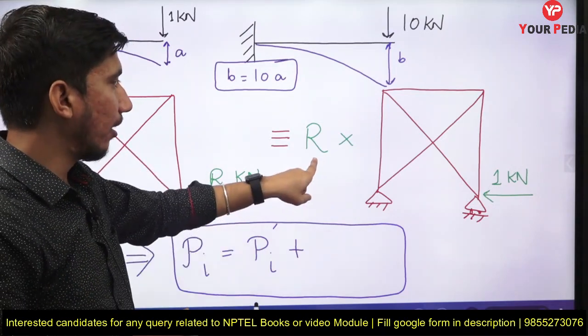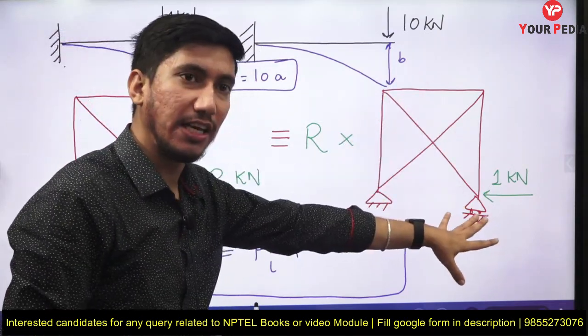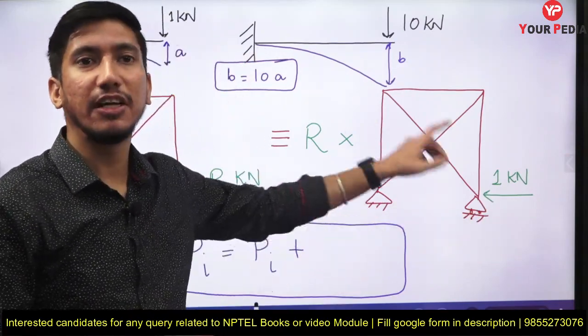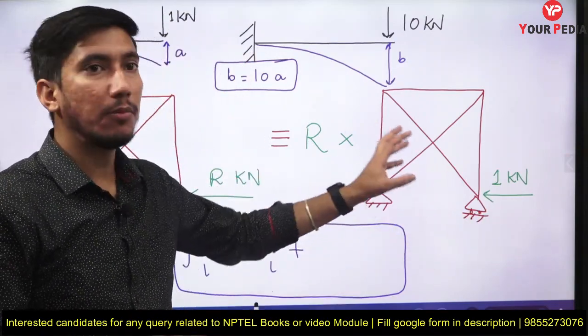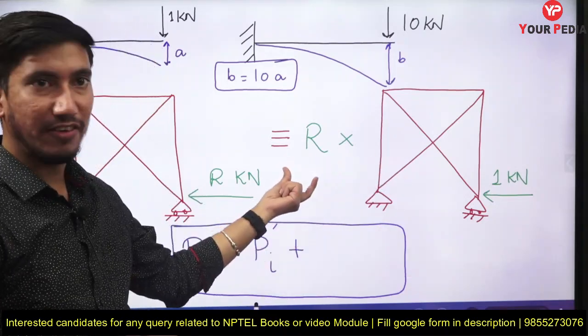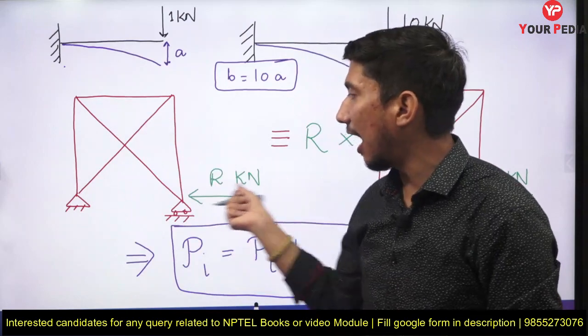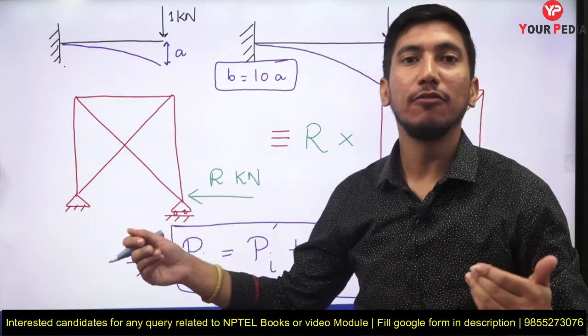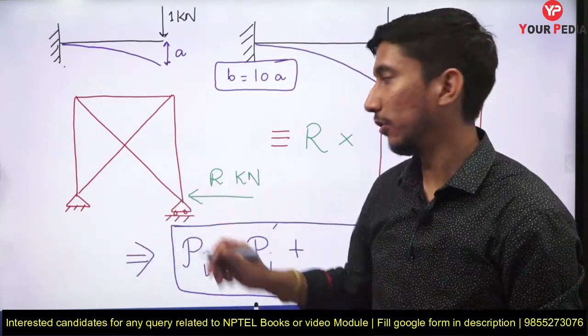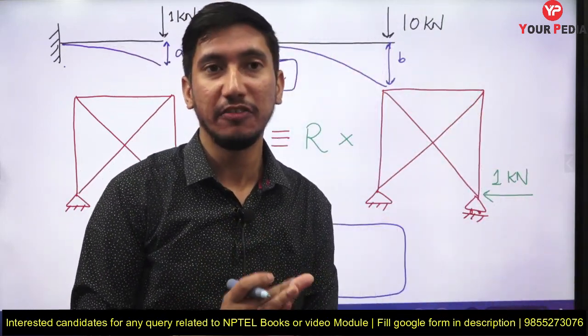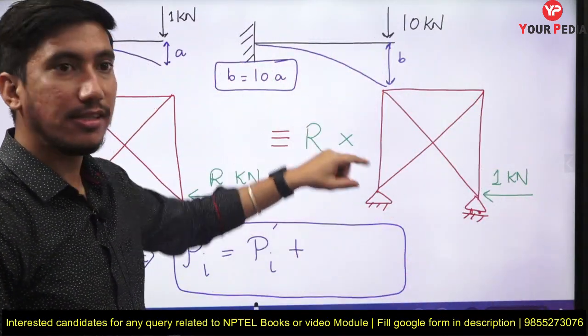This is now very easy to analyze, because 1 kilonewton is a definite value. We can find the support reactions, we can find the member forces, and then we can multiply those member forces with the R value, and we can find the forces under this condition when R kilonewton of redundant force is actually acting on this support. Still we don't have everything, because R is still unknown to us.